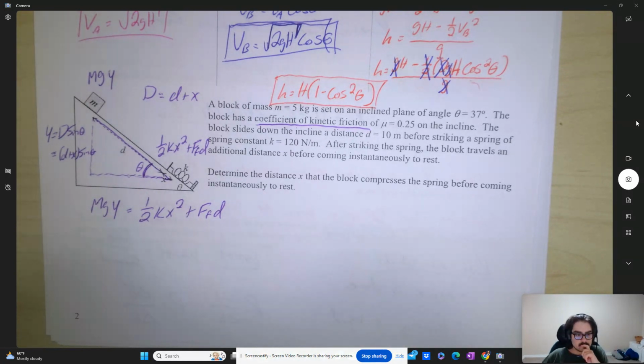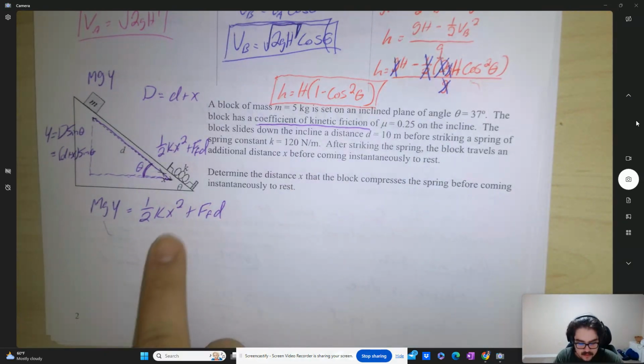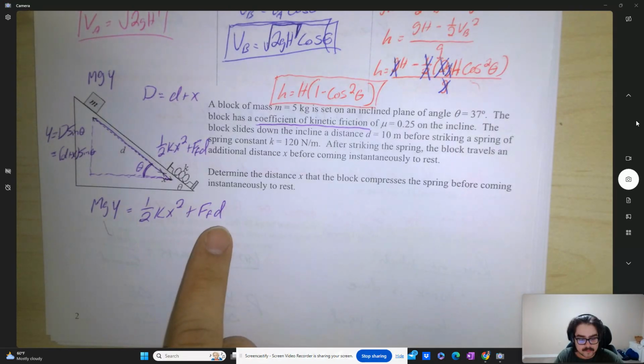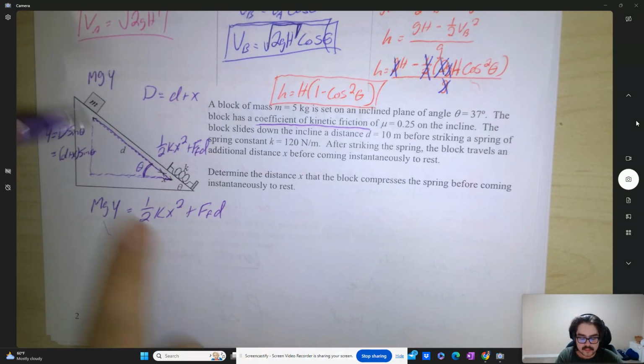And when you have all of this set up now, I've got my y, x, d right here. I'm going to call this, by the way, capital D. The friction force times capital D, because it's the whole distance.